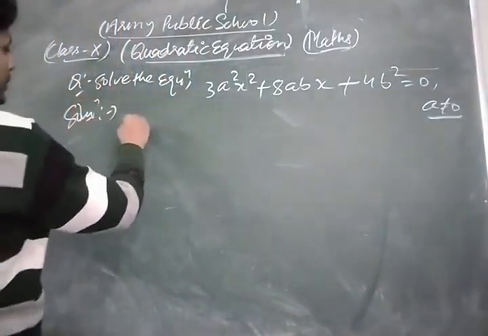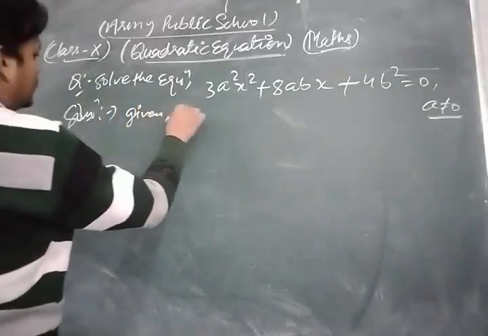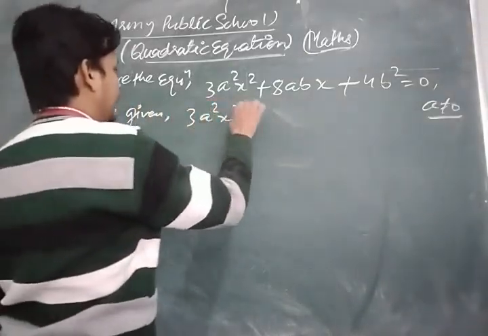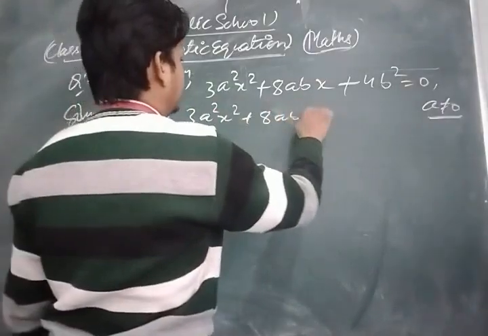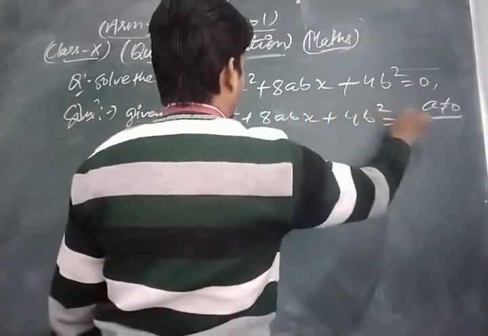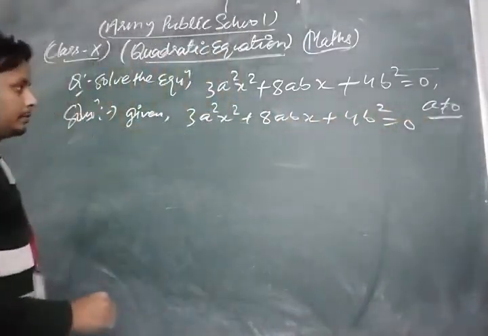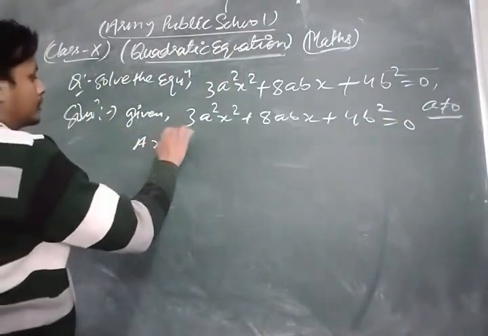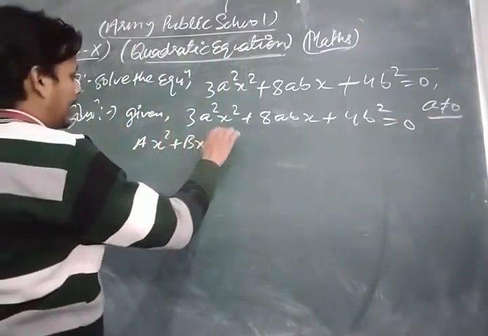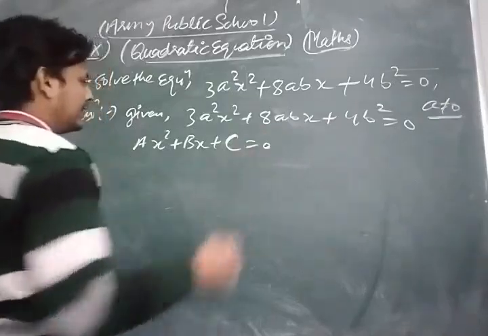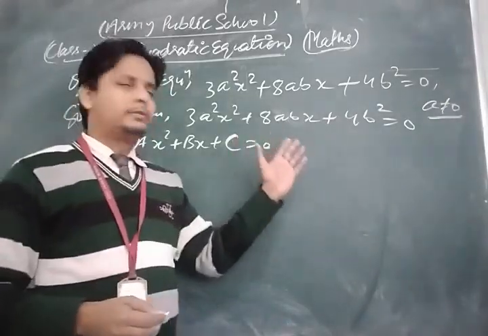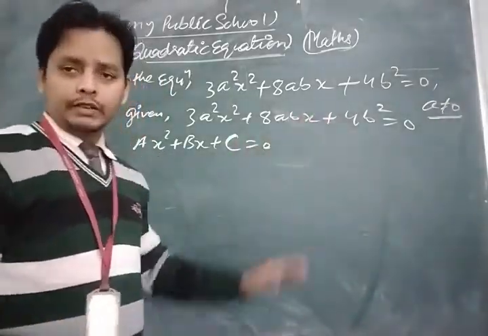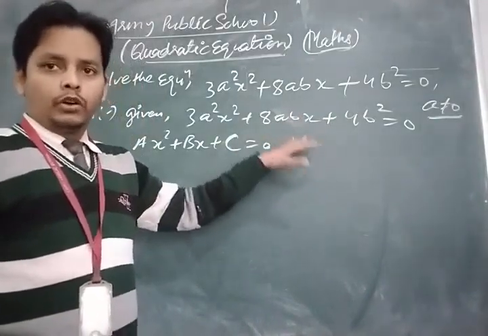So first, the given equation is 3a square x square plus 8abx plus 4b square. First of all we compare the given equation with the original form of the equation Ax square plus Bx plus C is equal to 0. We take capital A, B, C because small a, b are mentioned in the given question, to avoid any confusion.